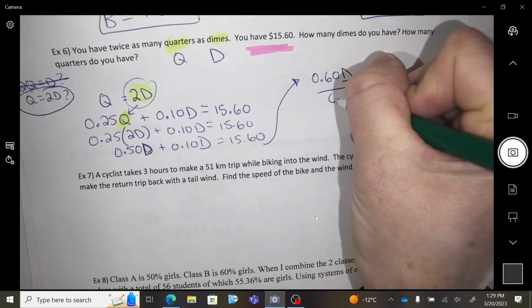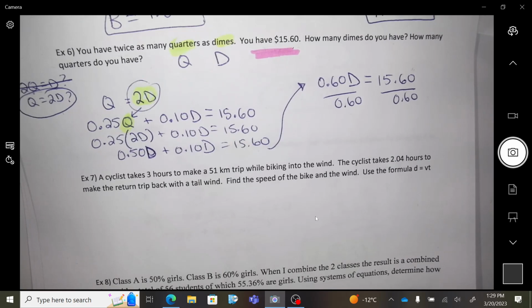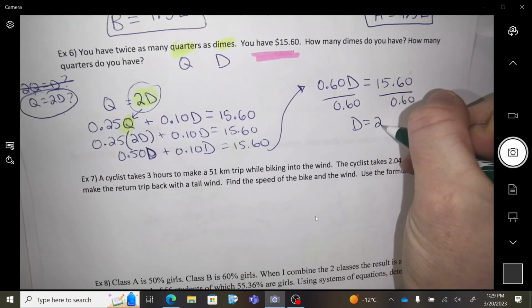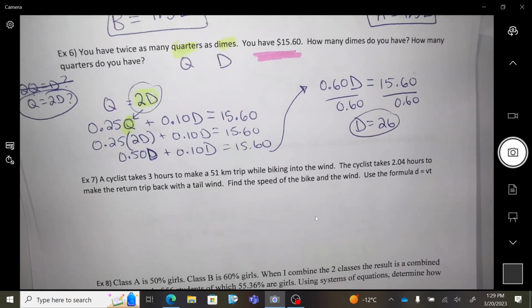Divide, and I get 26 dimes. When you're doing this, it should come out to whole numbers, or you might have done something wrong. You shouldn't get negative numbers, right? You can't have negative dimes.